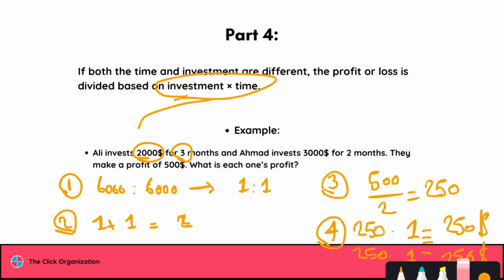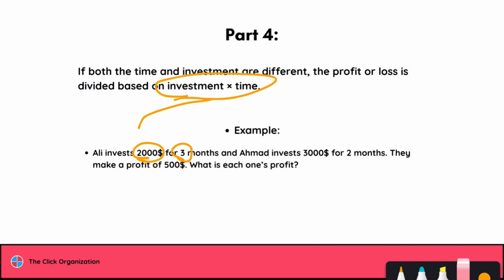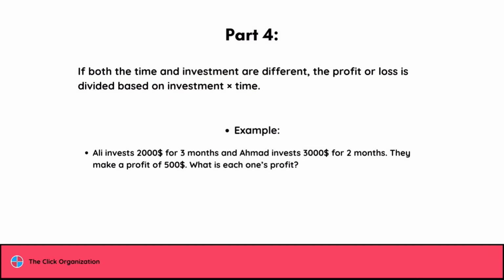Even though the time and the investments are different, they have invested that amount of money and that amount of time that, when multiplied, they equal the same number, which is 6,000, right? So yeah, basically they've done quite a good job, and they've done the same job. So yeah, this was the fourth part.